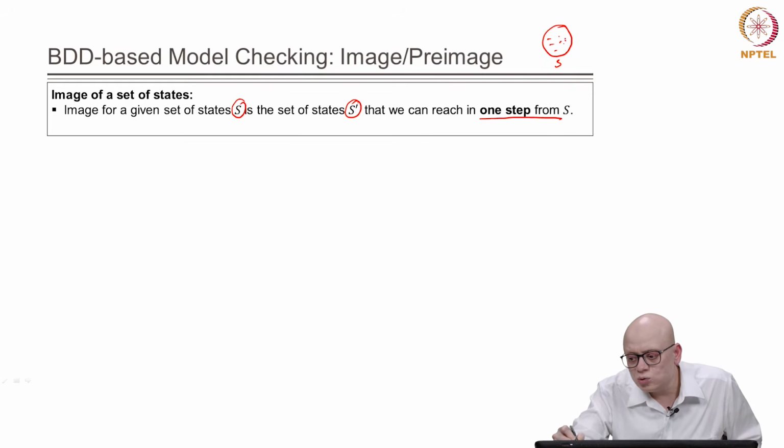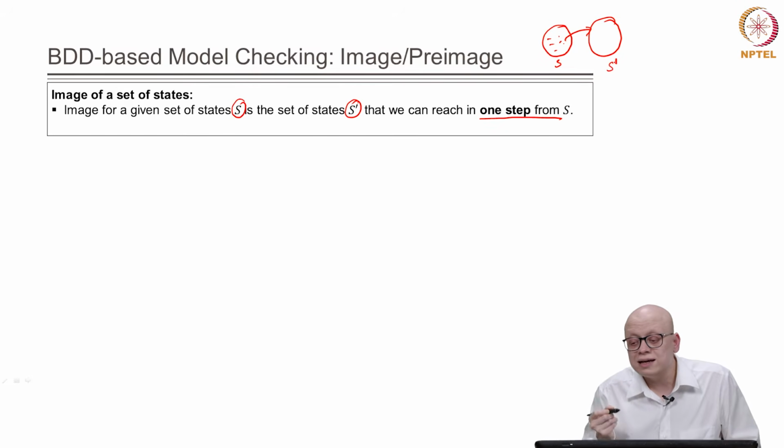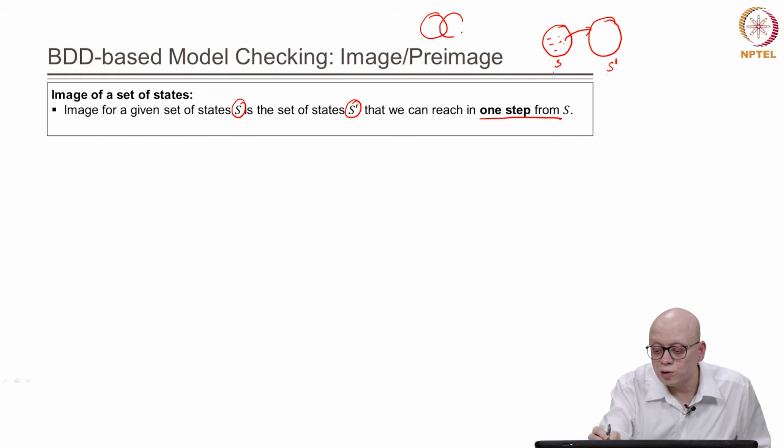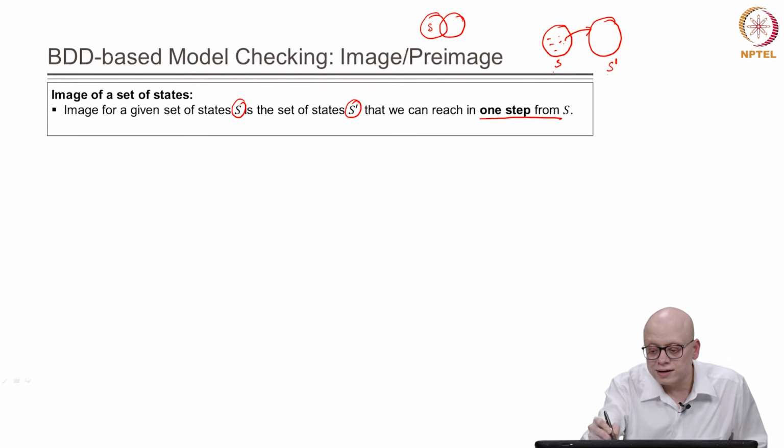We can get to another set of states, and those sets of states are known as the image of this, right. Note that these two sets S and S dash may overlap also, meaning that from S, in one step, we can again reach the same states that we started with. So, there can be overlap.